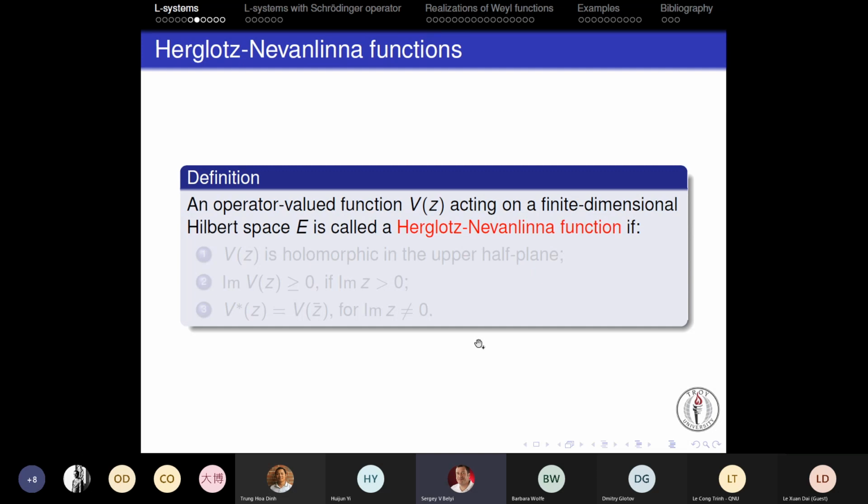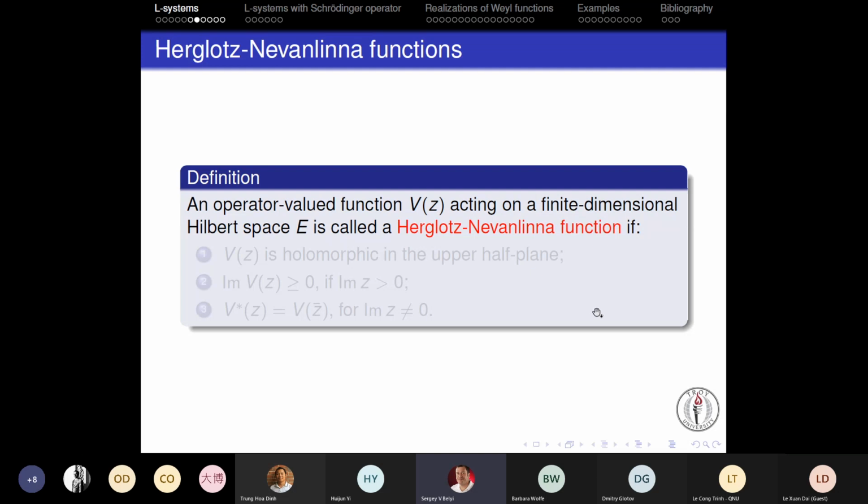And both problems were solved in the class of so-called Herglotz-Nevanlinna functions. Sometimes people call them Nevanlinna functions. Sometimes people call them R functions. There are different names. I guess in our book, we start with the Herglotz-Nevanlinna name to give proper credit to everybody.